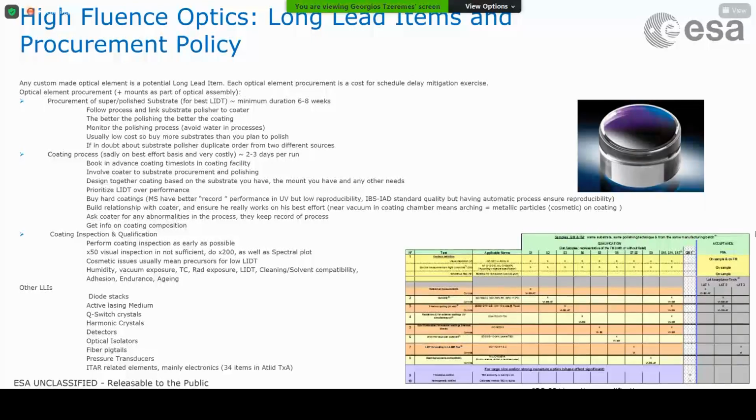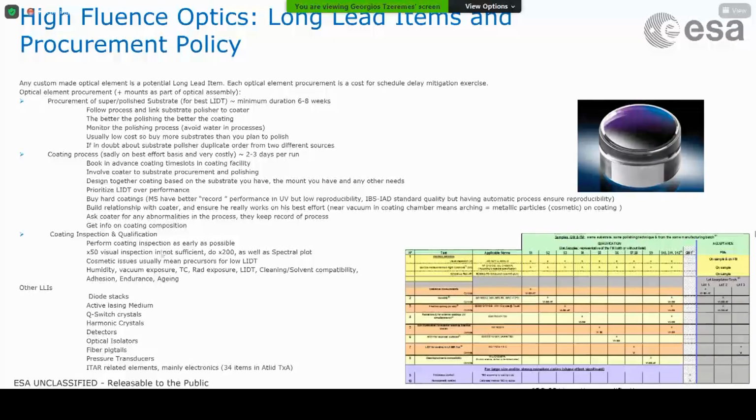I haven't seen so far a development of a space LiDAR instrument that didn't have at least once or twice a delay of 6 months because of a bad coating batch. I present here a large list of mitigation actions you can take in order to reduce these risks, but it's always a troublesome situation.